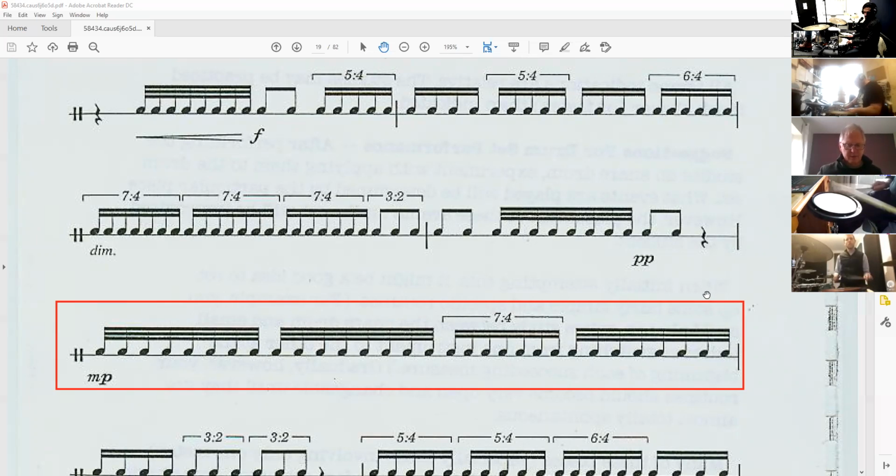Digga digga digga digga digga. 1 and the 1 and the 2 and the 3 and the 3 and the 4 and the 4 and the 1.